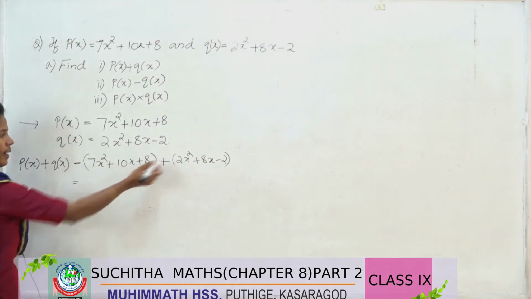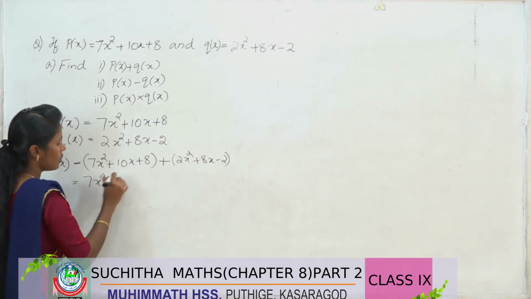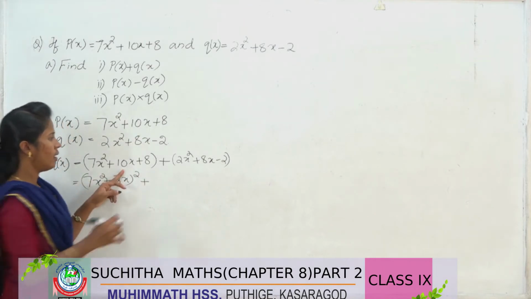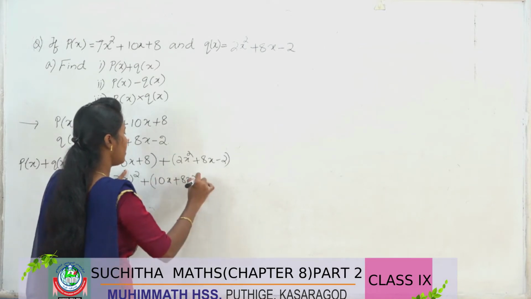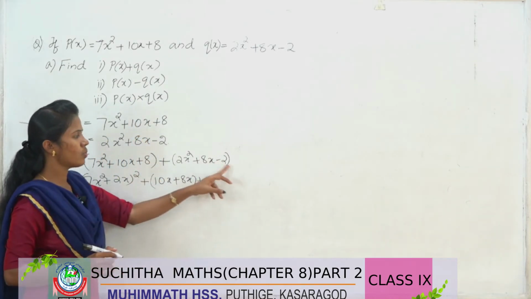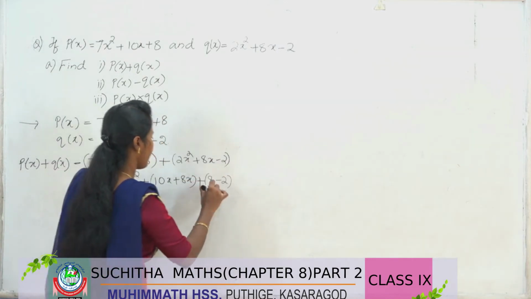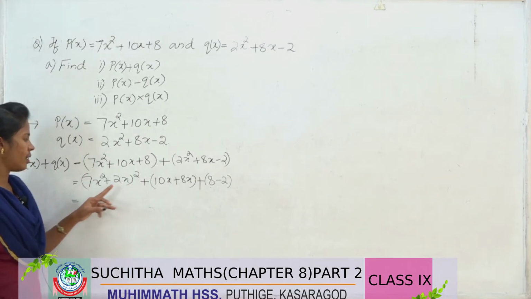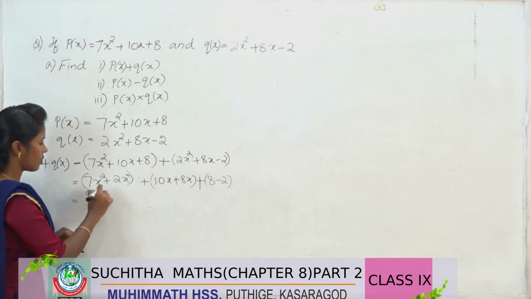So first add the square terms, that is 7x square plus 2x square, plus 10x plus 8x, plus 8 plus minus 2, which is 8 minus 2. 7x square plus 2x square is 7 plus 2, 9x square.